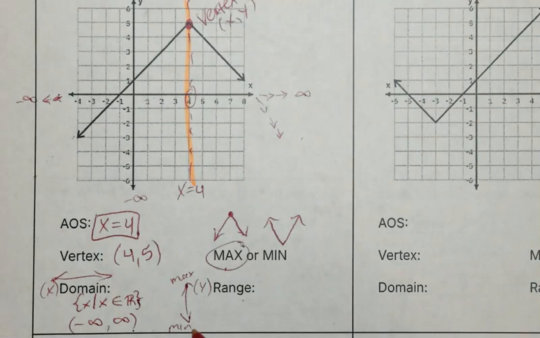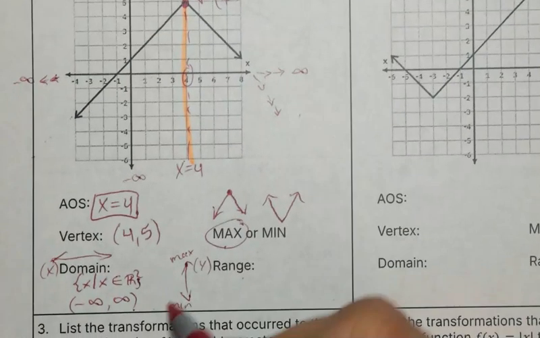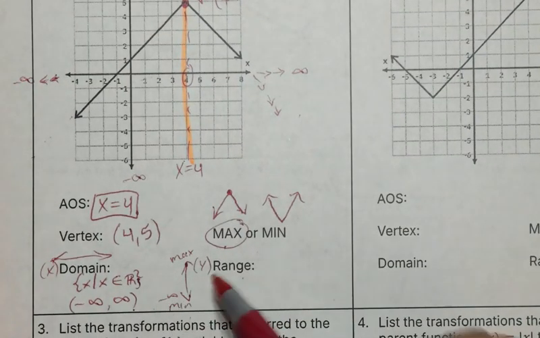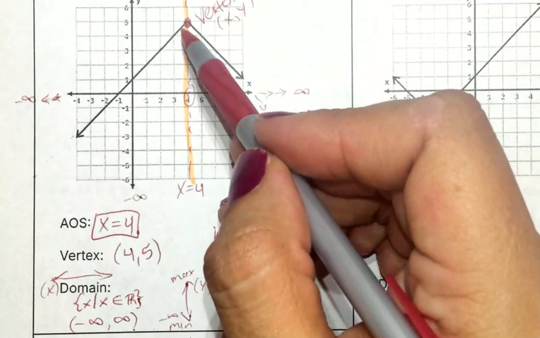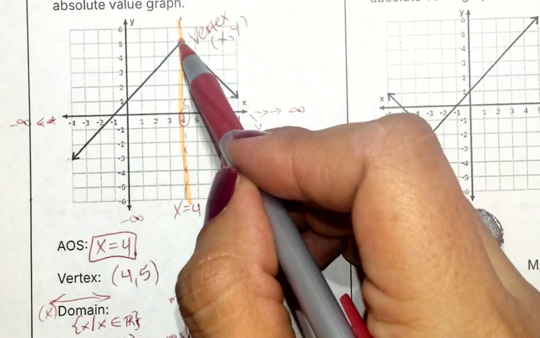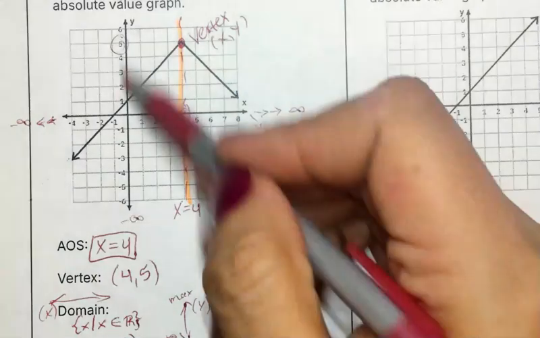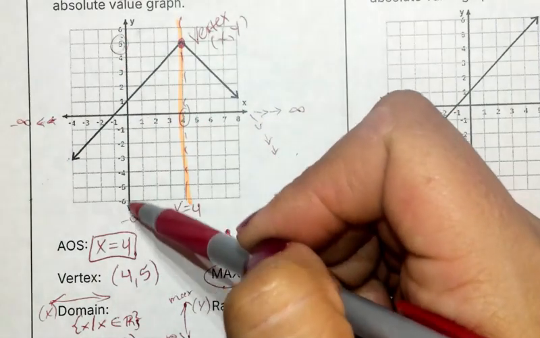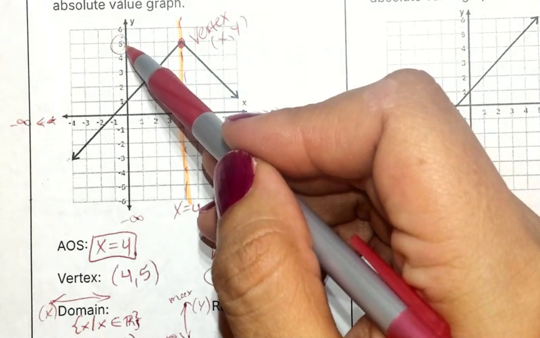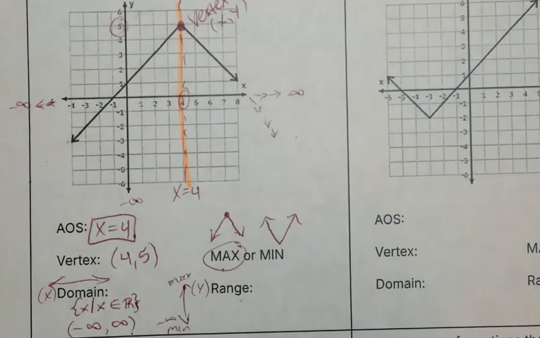So your minimum for this graph will be negative infinity. And the maximum for this graph will be that turning point, the vertex. So that turning point is when y is 5. So looking at up and down, like an elevator, you go down forever to negative infinity and you go up all the way to 5 because of that vertex.